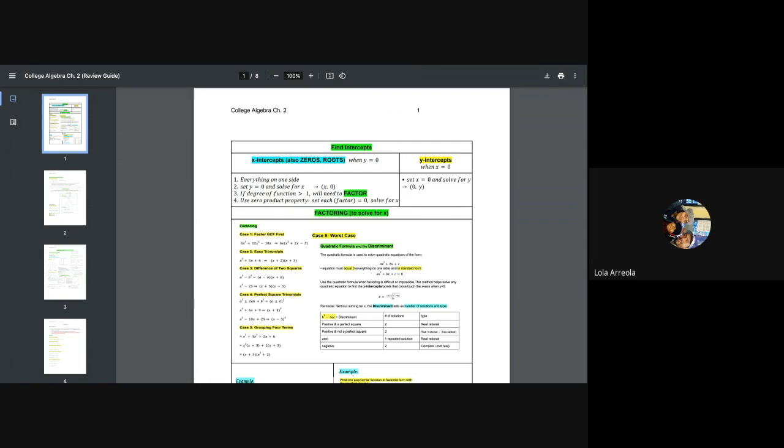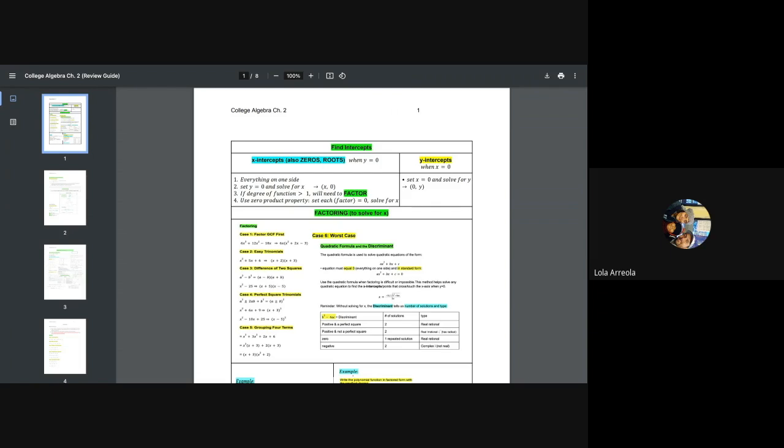This is my function, right? Actually, let me do some more space. F of x is equal to negative x squared minus 10x plus 24. So everything is already on one side, okay? What on one side just means on the same side of the equal sign.